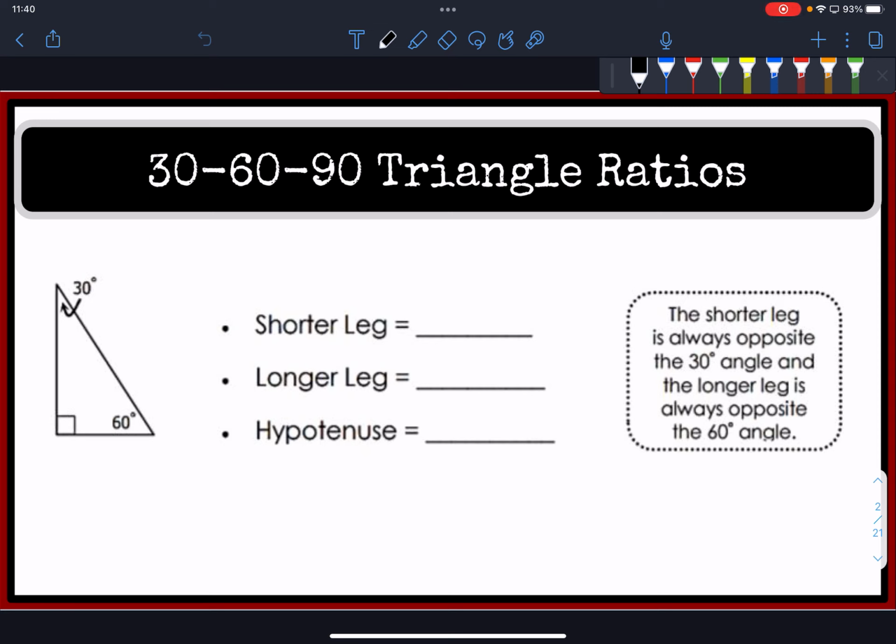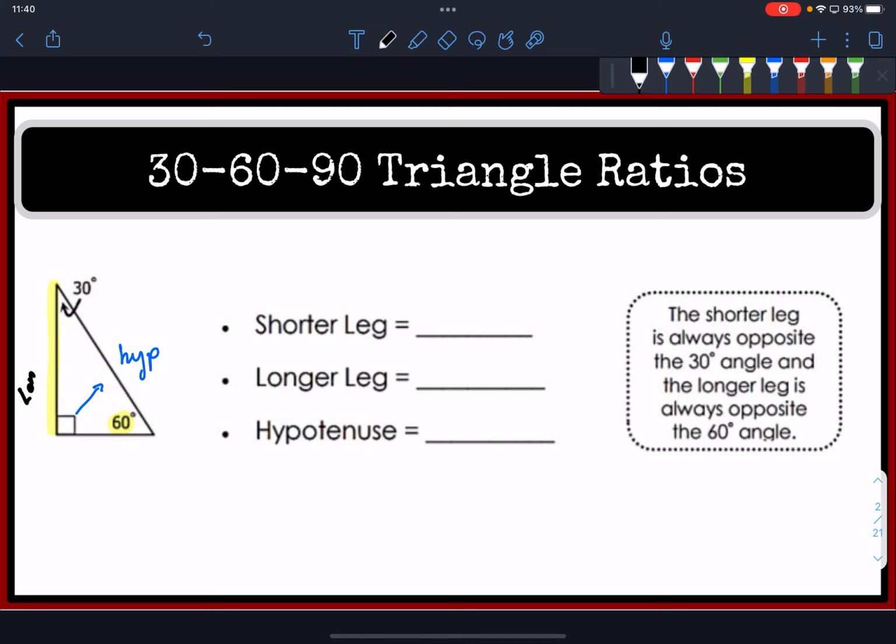Well, the three sides on a triangle are the hypotenuse, which is on the opposite side of our 90-degree angle. So this is our hypotenuse. And then the short and long leg that intersect at a 90-degree angle. So this leg and this leg here. This leg that is on the opposite of the 60-degree angle is referred to as the longer leg on the right triangle.